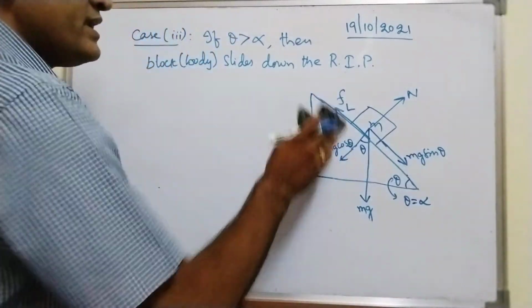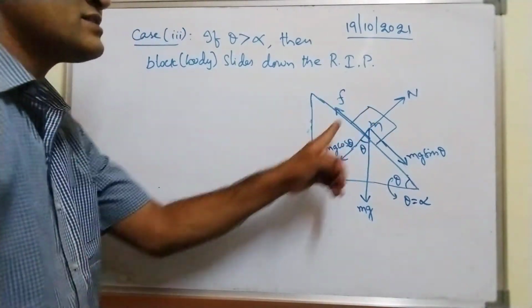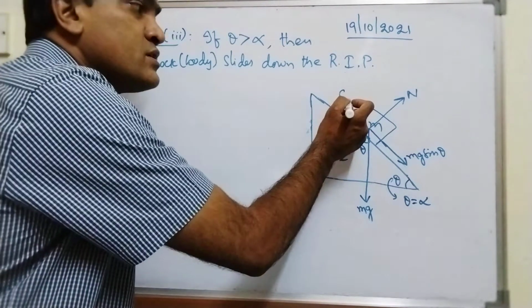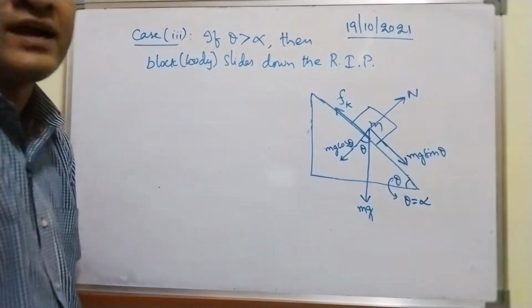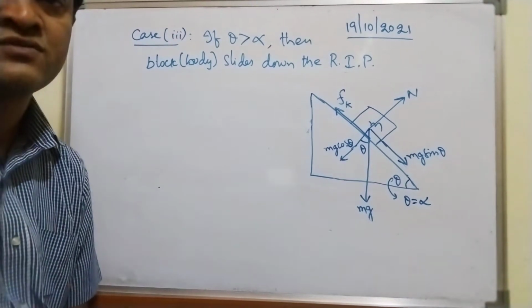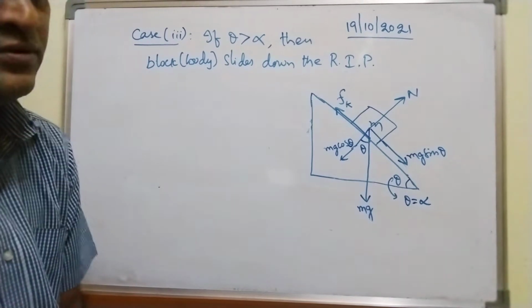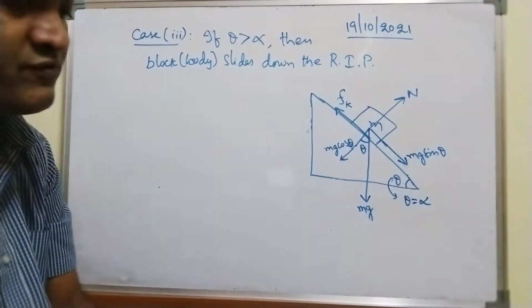When it is sliding down, which frictional force will come into picture? As the body is in motion, here you will get another frictional force called kinetic frictional force or sliding frictional force. The other name for kinetic frictional force is sliding frictional force, Fk.